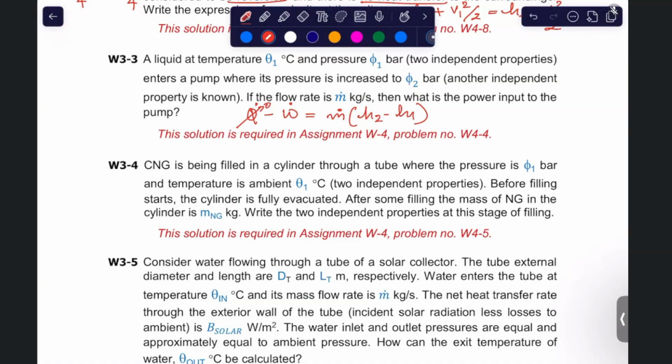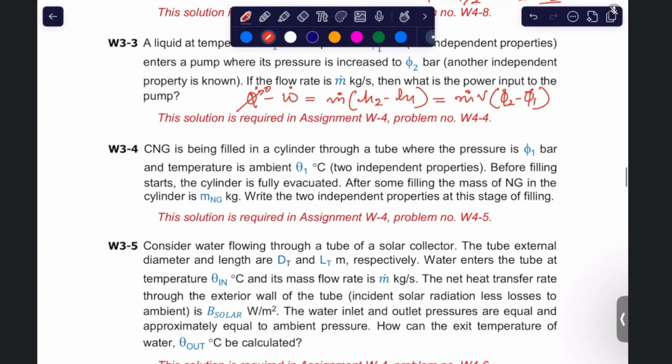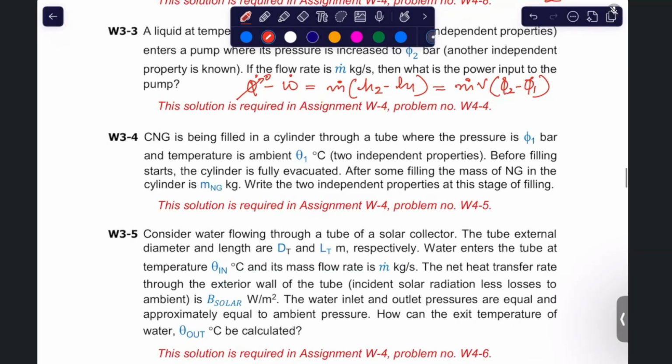So W equal to m dot times h2 minus h1. Incompressible liquid, so h2 minus h1 will be m dot v, since incompressible, volume will be constant, times Phi2 minus Phi1. So this will be the expression for the flow work.